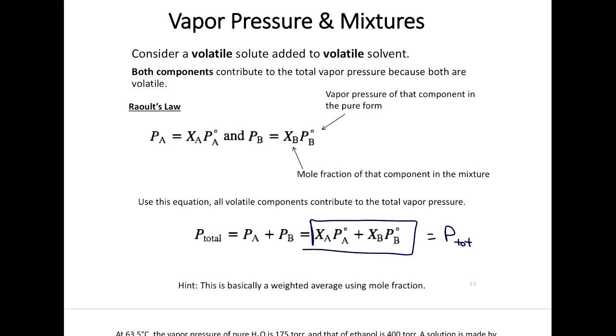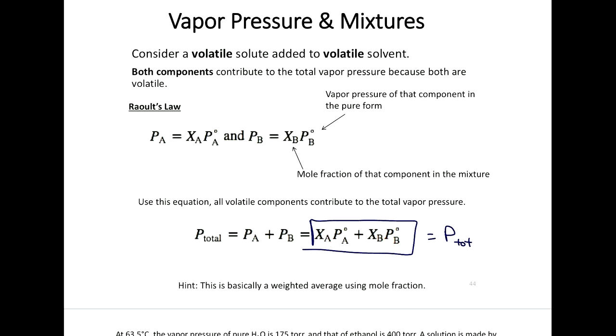So in this example of using Raoult's law, we're just adding another component: the total vapor pressure of this system is equal to the mole fraction of component A times its pure vapor pressure, plus the mole fraction of B times its pure vapor pressure. So we just have two components.